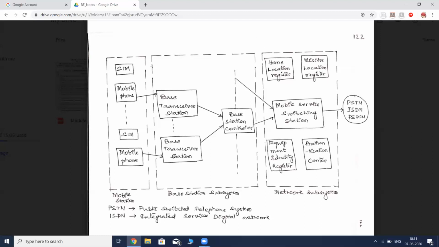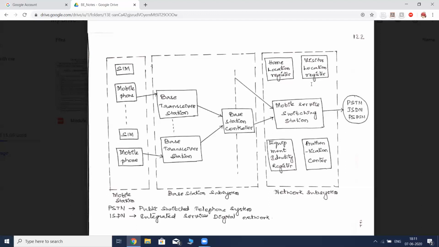In order to do all these things, we require authentication as well as identity; we need to prove that identity. So the equipment identity register as well as the authentication center are also part of the network subsystem, in order to authenticate the SIM used by the users.